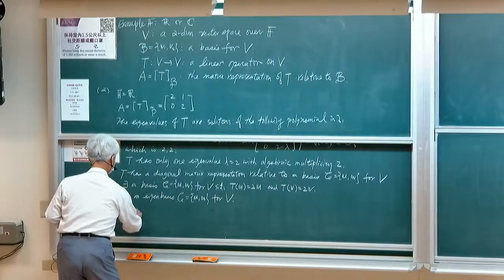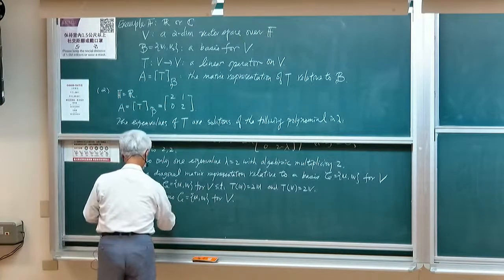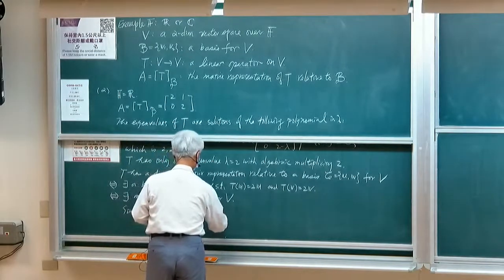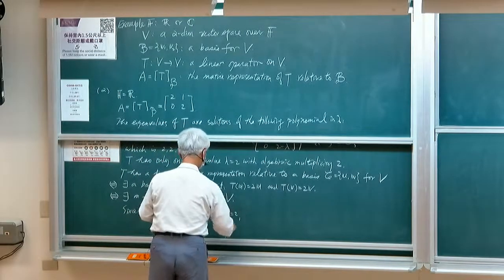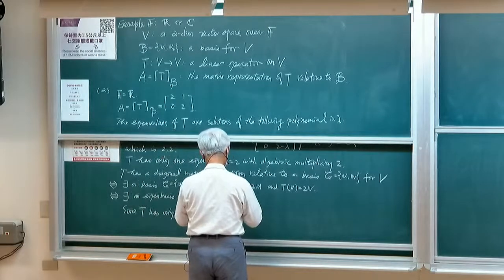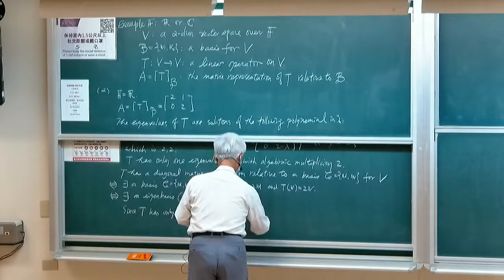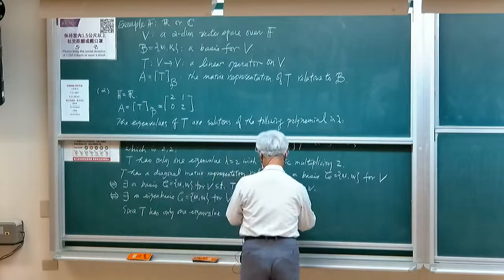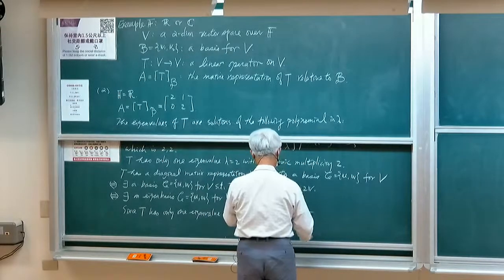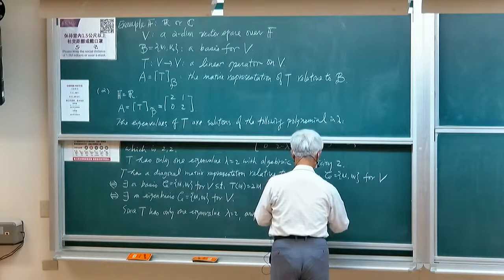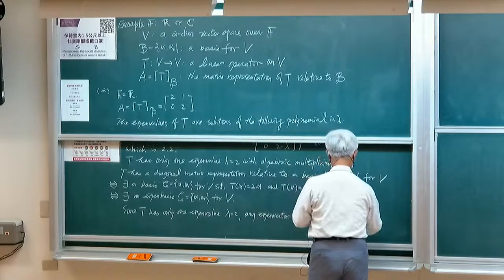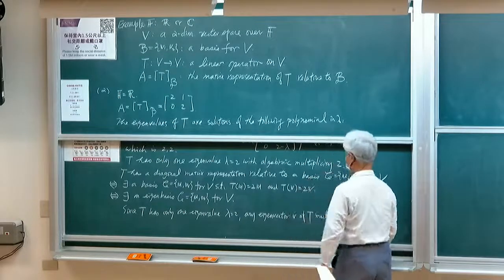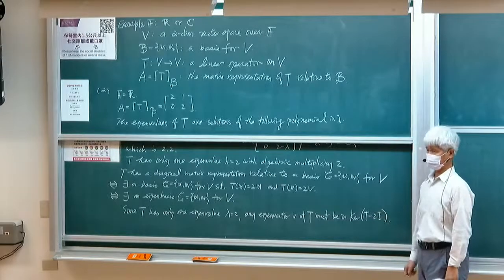Now since T has only one eigenvalue, lambda equal to 2, any eigenvector v of T must be in the kernel of T minus 2I.